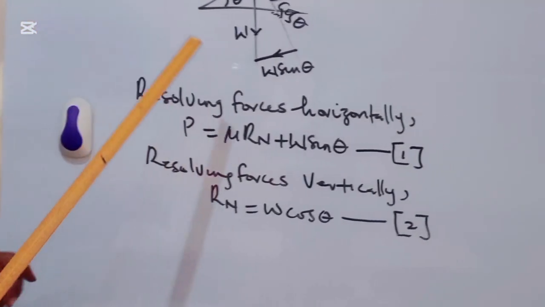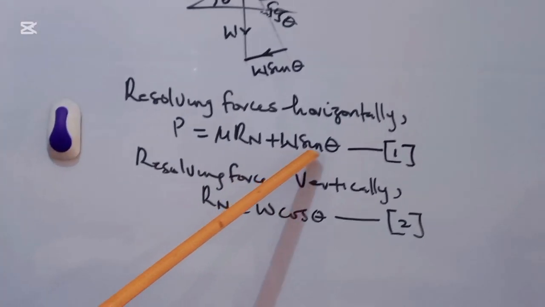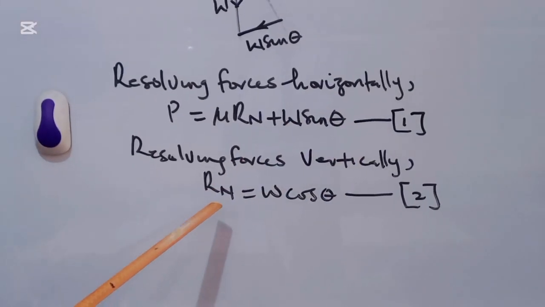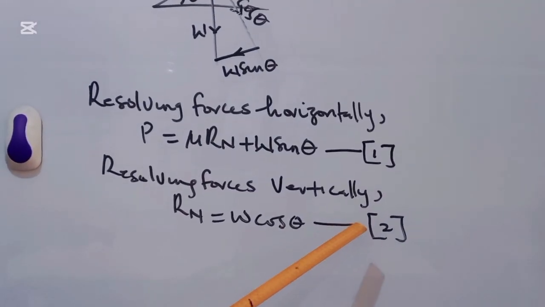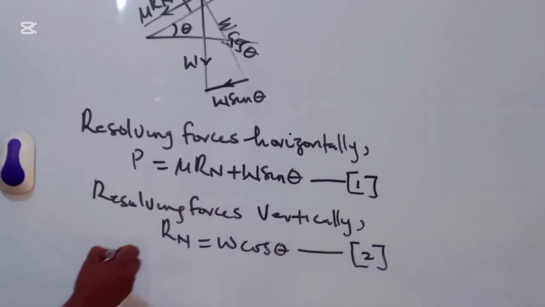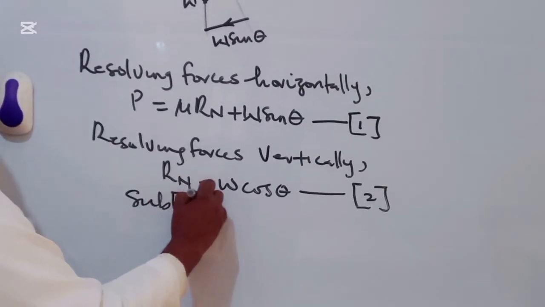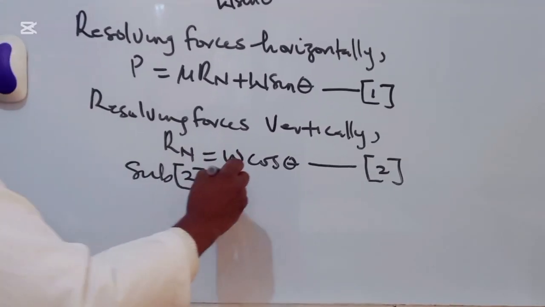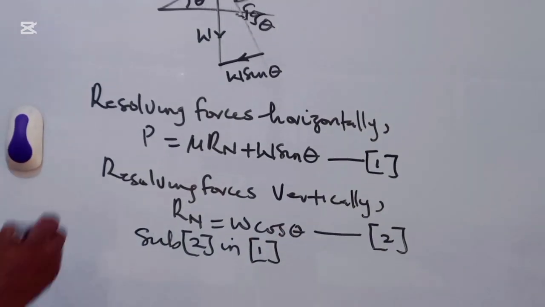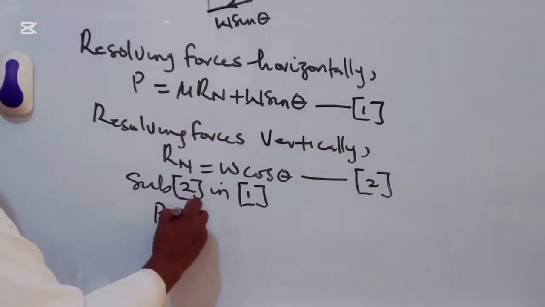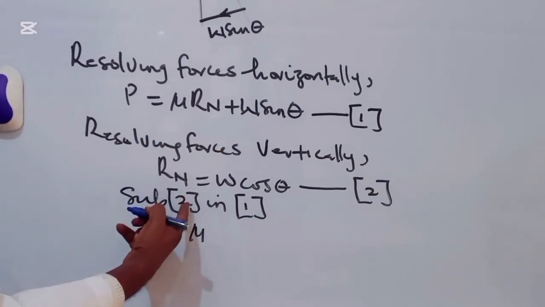Now let's see. Equation 1 says P is equal to mu Rn plus W sin theta, while equation 2 is saying Rn is equal to W cos theta, alright? Let's substitute equation 2 in equation 1. We'll be having P is equal to mu Rn. What is our Rn from here?